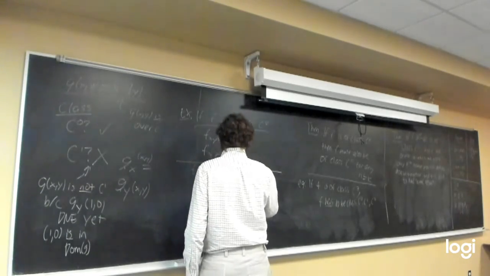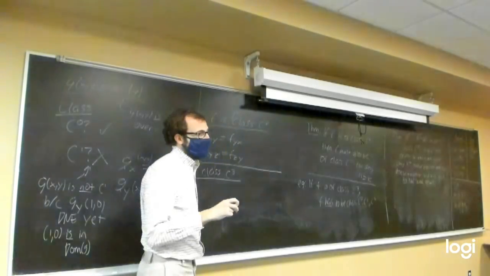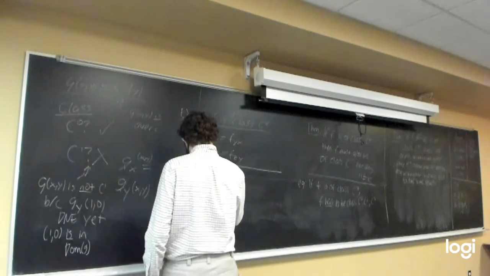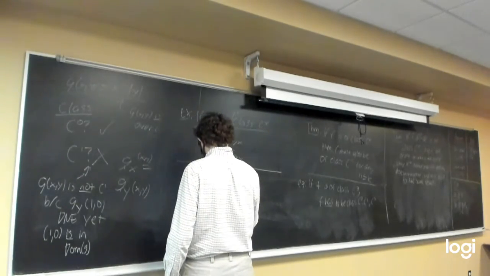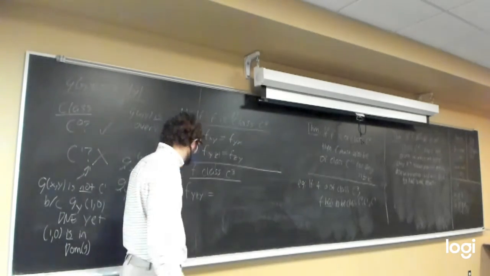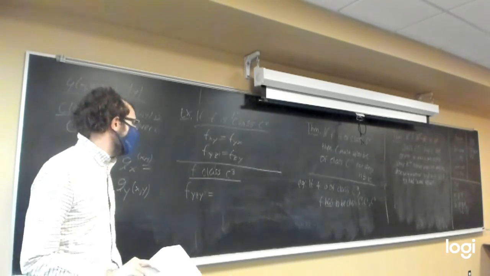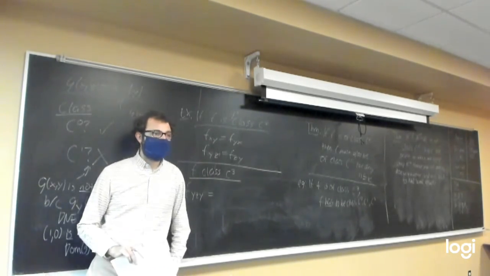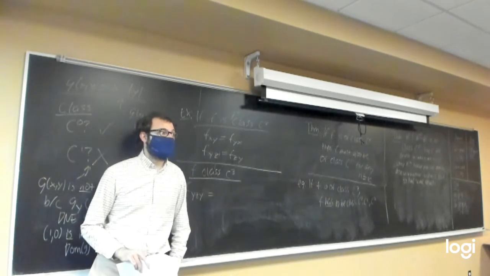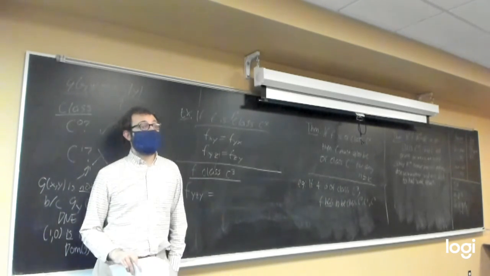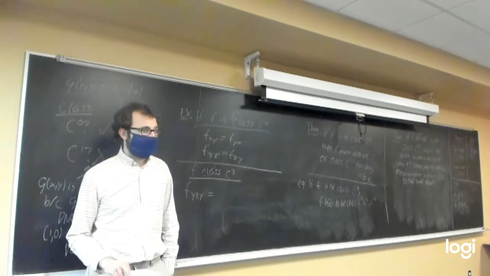So let's say we knew, for instance, that f was of class C3. What would be some expression, according to this theorem, that would have to be equal to f sub yzy, where we differentiated with respect to y, and then z, and then with respect to y again?